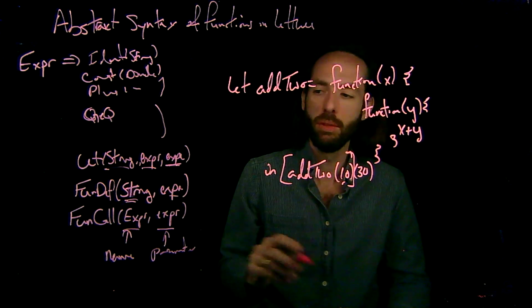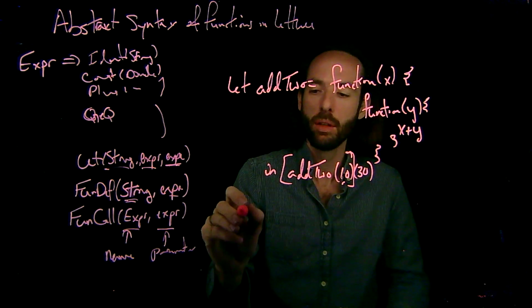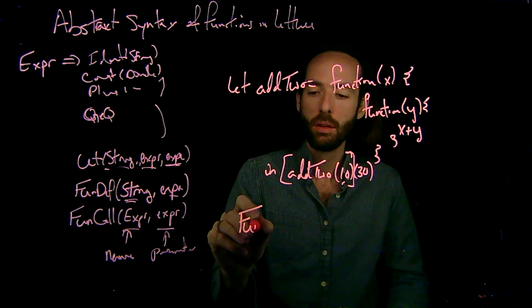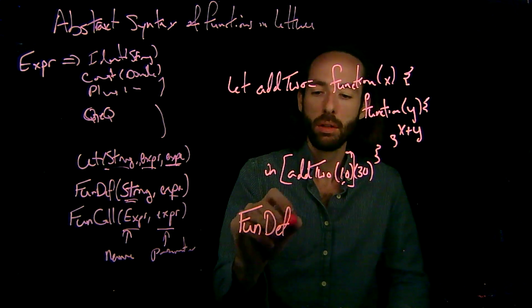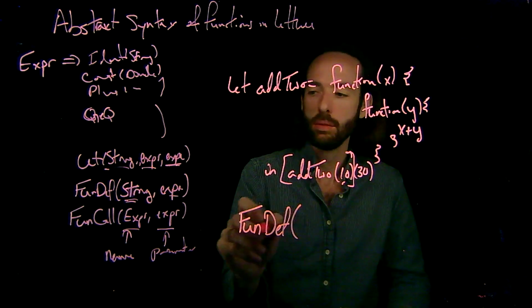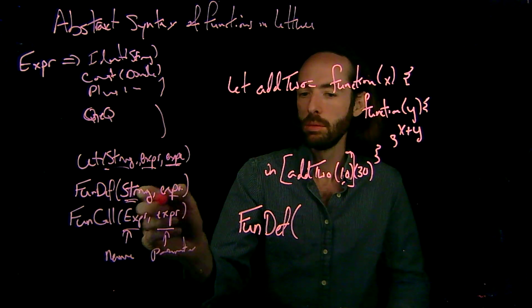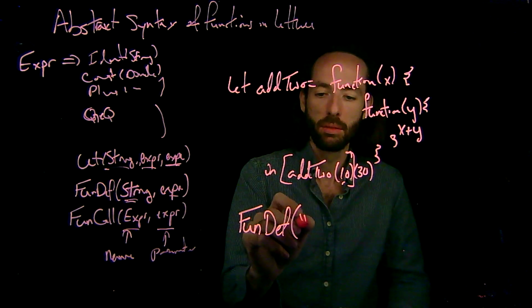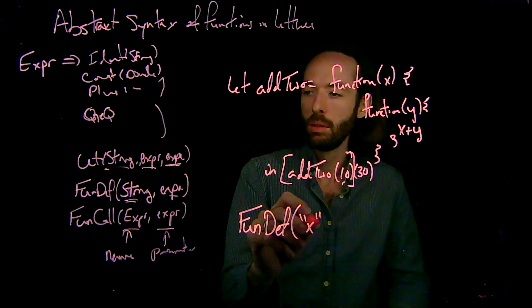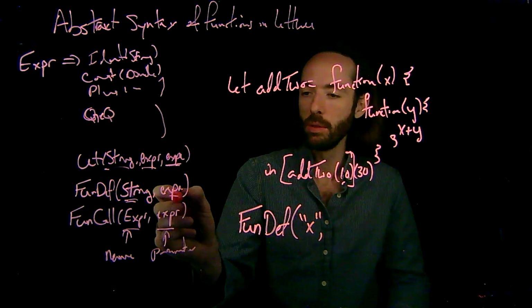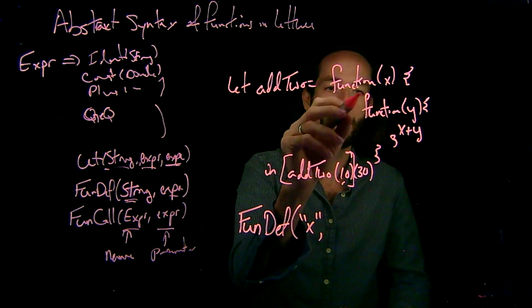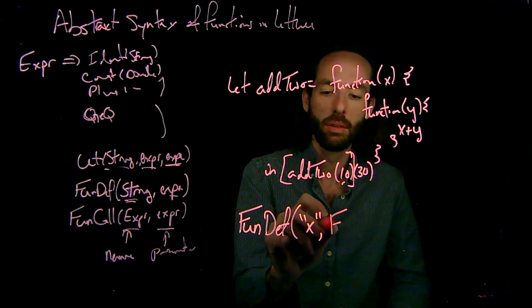So how does this look like in fundef? Well, we'll have fundef, right? We need a string for the parameter, which is going to be x. And then we need something for the expression, right? What do we end up calling? Well, it's this internal fundef.